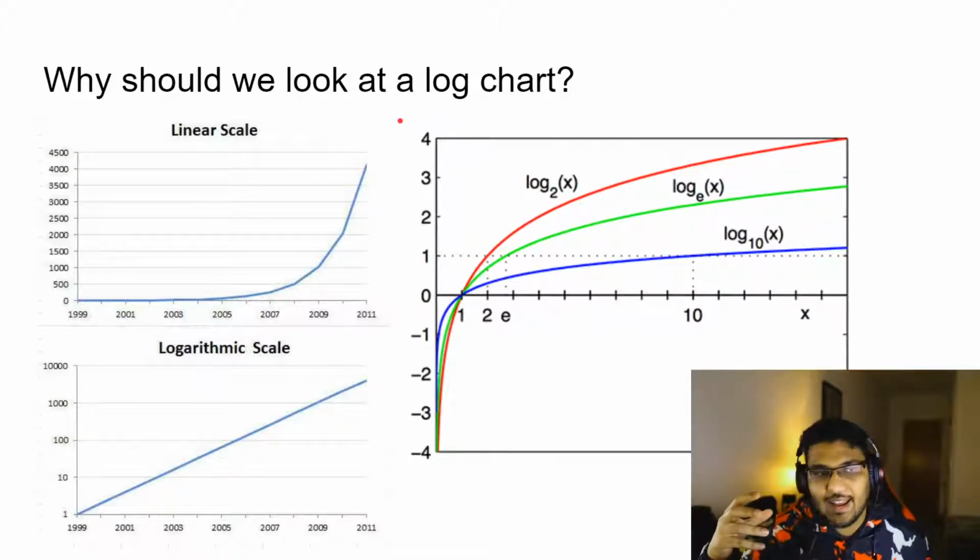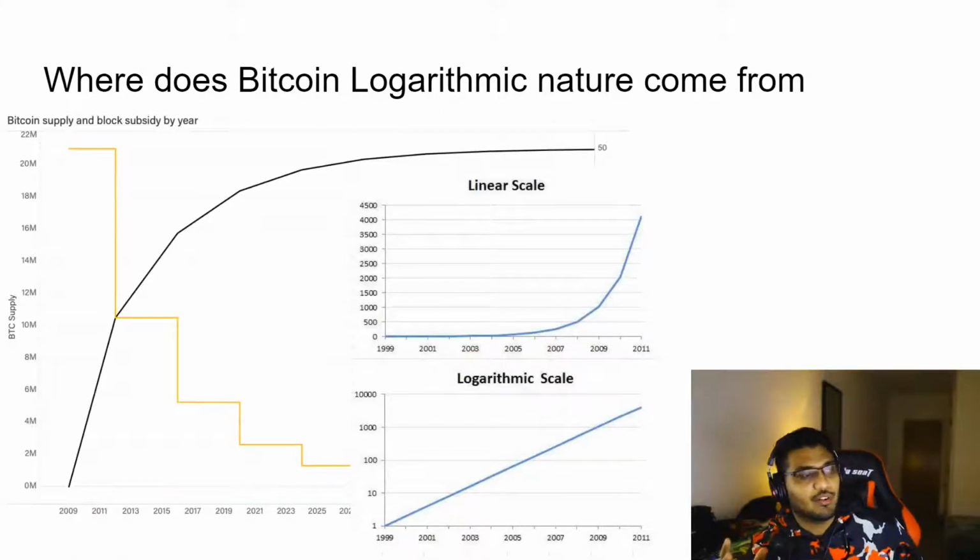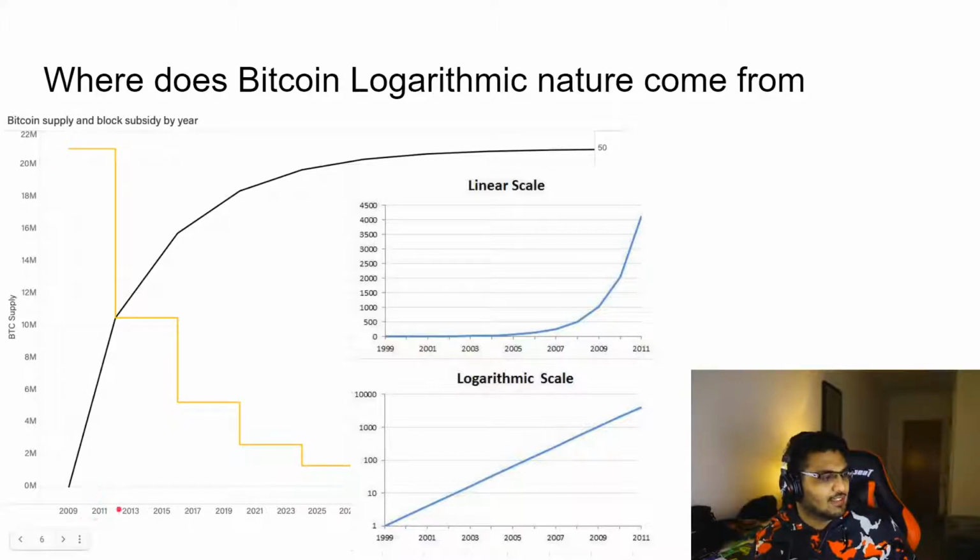So the idea is that there's something in Bitcoin that makes it logarithmic. But why? Well, exponential. And that completely comes down to the halving. The halving gives it this nature. Essentially, from 2009 to 2012, 50 Bitcoins were given out.